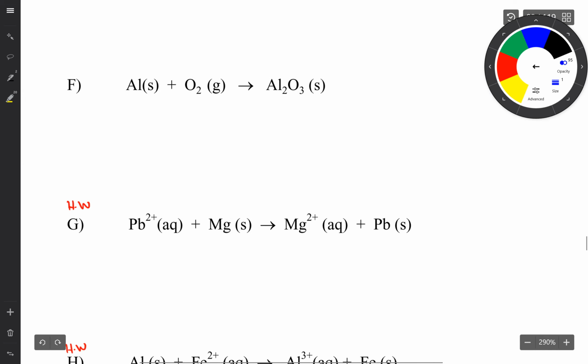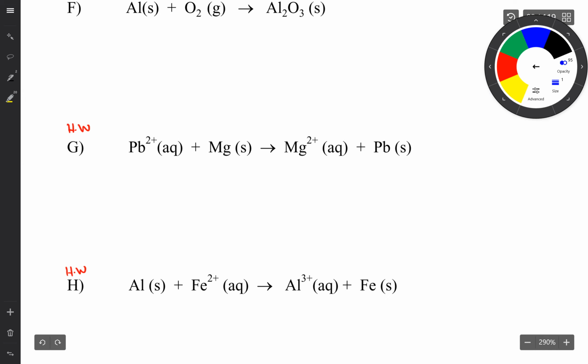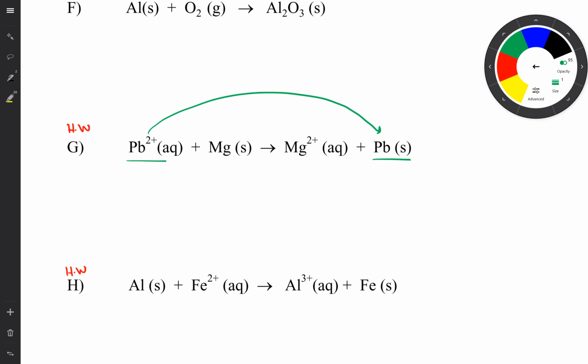The next homework is part G. Pb2+ plus Mg gives you Mg2+ and Pb. Again, let's identify which species is oxidized and which species is reduced. Pb2+ is converted to Pb. Its charge has decreased, which means it has gained electrons.